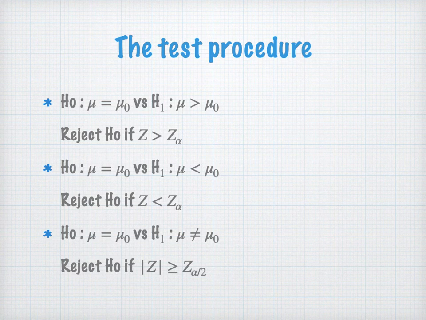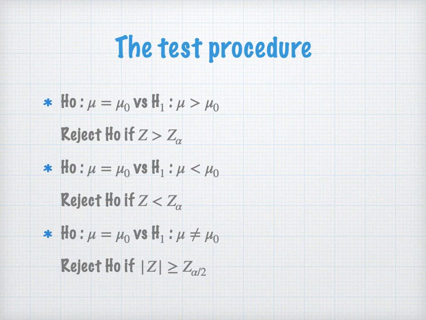From it, we can find the value of z alpha, where alpha is usually taken to be 5% or 1%. If alpha is equal to 5%, then z alpha is 1.65, and if alpha is equal to 1%, z alpha is 2.33. That value can be obtained from the standard normal table, and z alpha by 2 can also be obtained from the standard normal table.